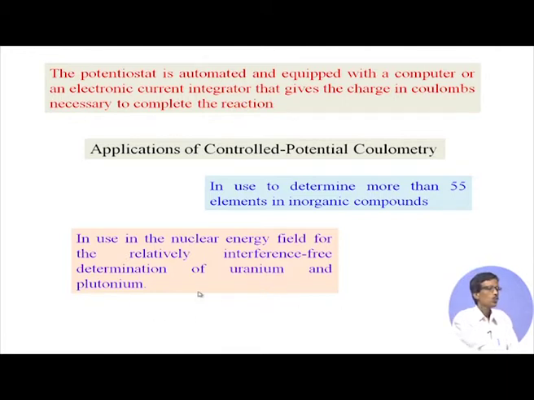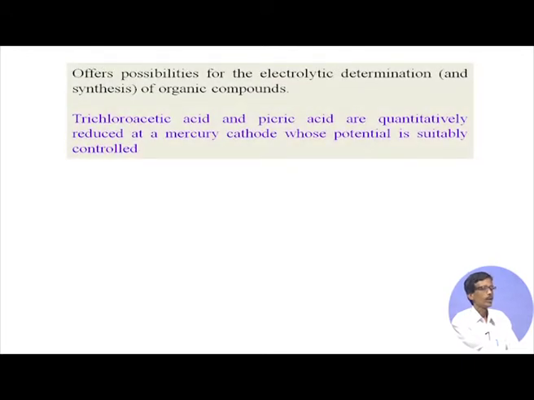The coulometric technique is also useful for the determination of these radioactive species, uranium and plutonium, for their relative percentages present in this nuclear fuel, which is to be introduced for nuclear energy production.